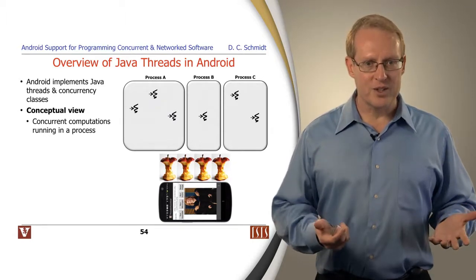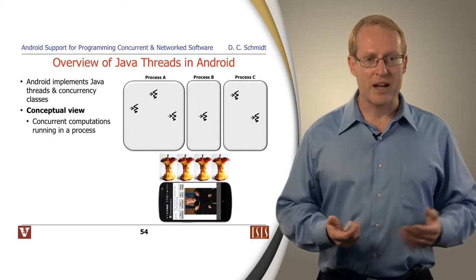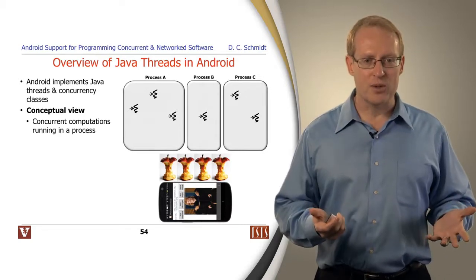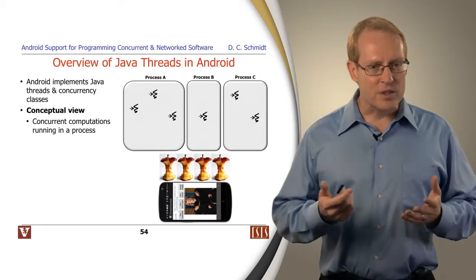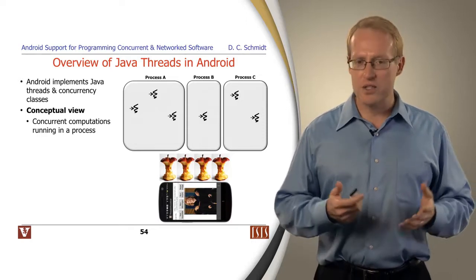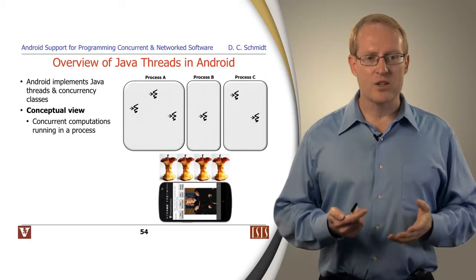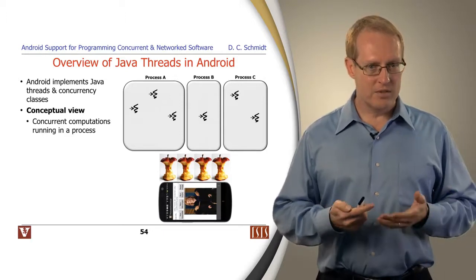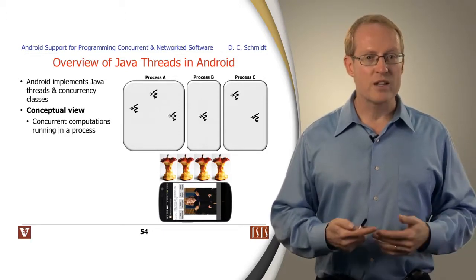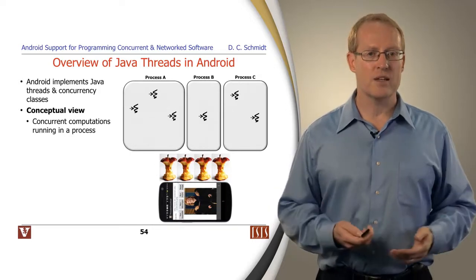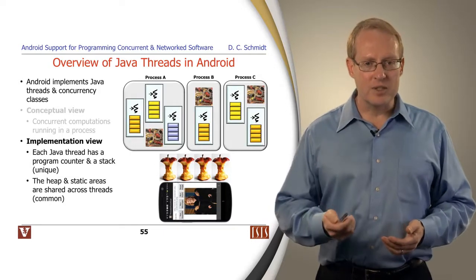At the core of the Android concurrency mechanisms are plain old Java threads. There are a couple of different ways to look at Java threads. There's a conceptual view, where Java threads provide concurrent programming of computations that run simultaneously within a process. There's also an implementation view.